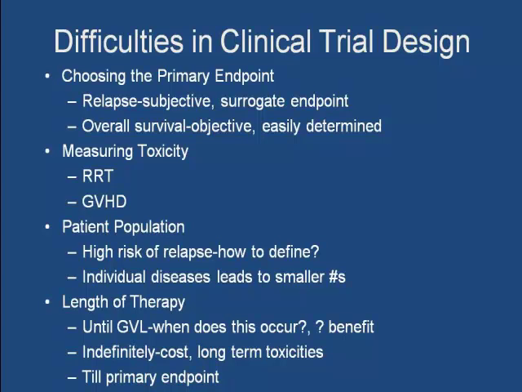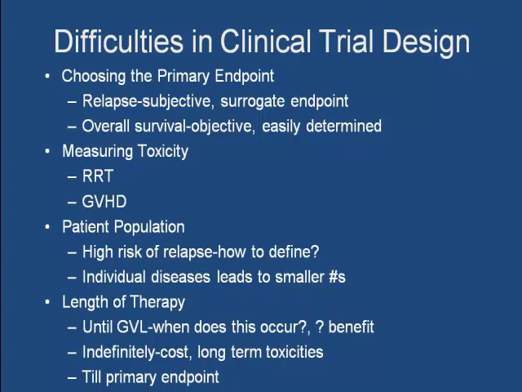Very few people are promoted for being a good collaborator, and that's something that I think is underappreciated in our field. And I think if we were to change that, perhaps we would have better, larger intergroup studies in which we're all able to collaborate and lead to better answers for these patients.